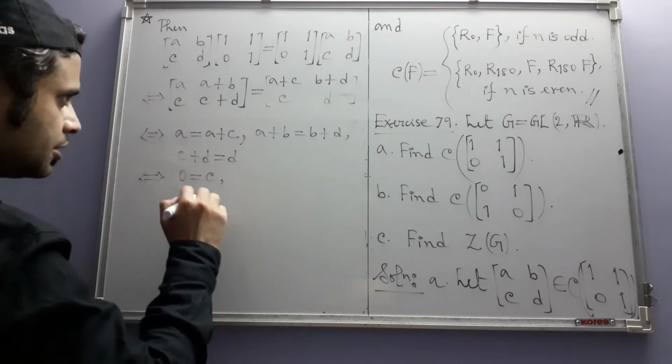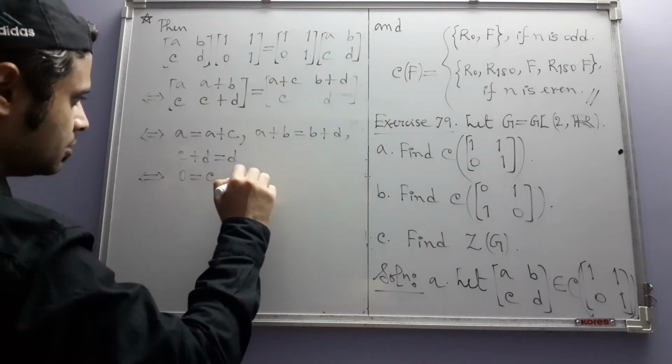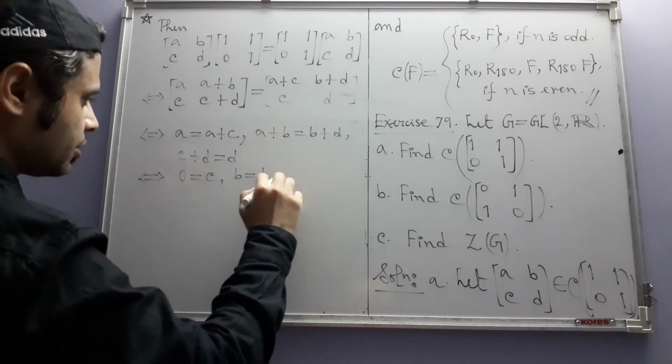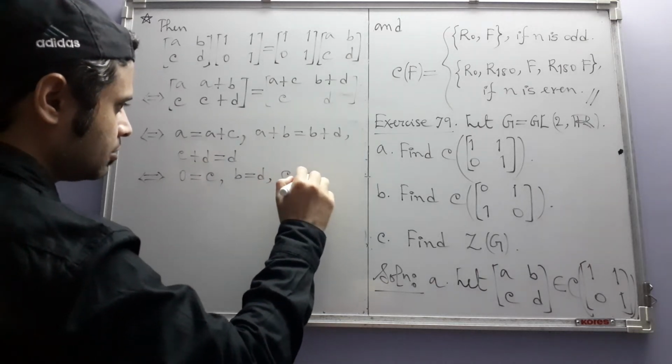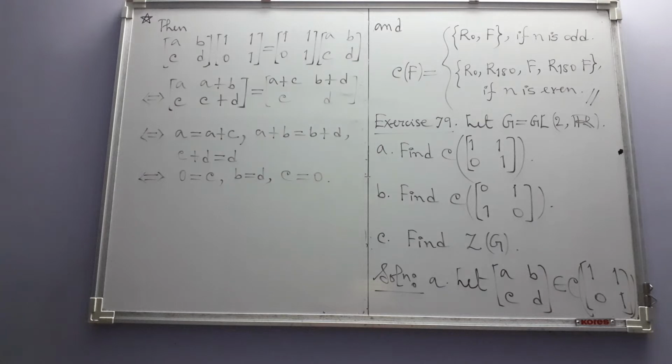C is equal to 0, B is equal to D, and again from here we are getting C is equal to 0.